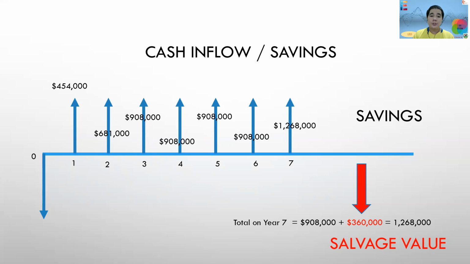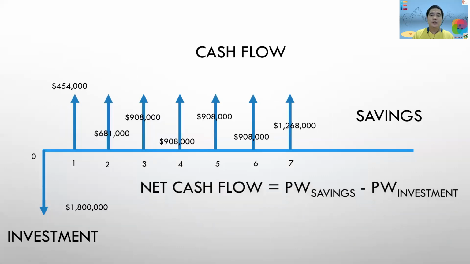Okay, I'll proceed. So knowing that our cash outflow is 1.8 million and your cash inflow is equivalent to the savings plus the salvage value, net cash flow is equal to the present worth of the savings minus the present worth of your investments.